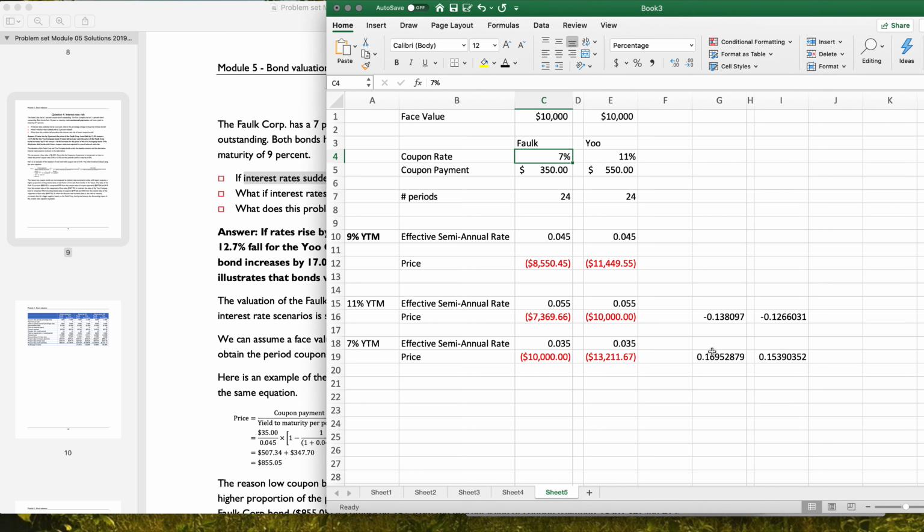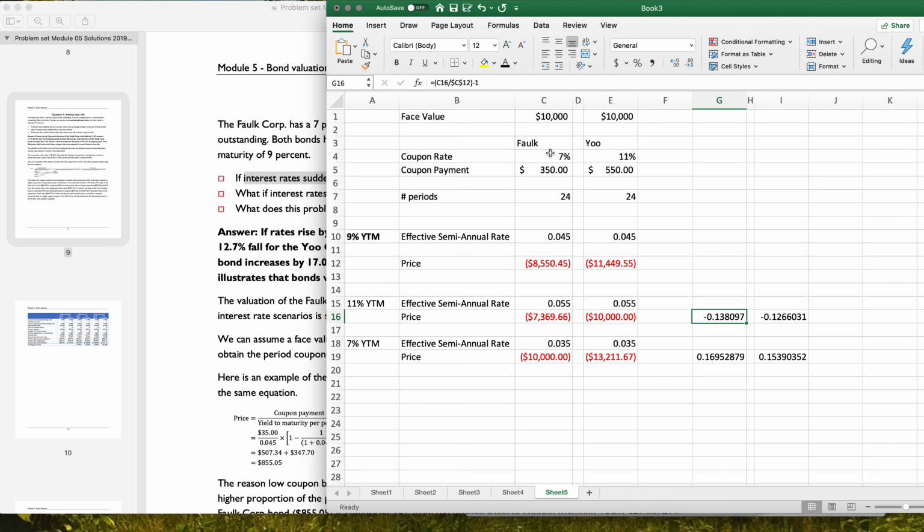Again, let me go over the logic. We started with the market rate at 9%, and we have these two prices. The market rate jumps up to 11% overnight. The cash flows are still the same, but the bond that originally had a coupon rate of 11% trades at par. This one has to trade at a discount because the interest rate went up. Actually, they both trade at a discount relative to this price, but the price went down more for the 7% bond.